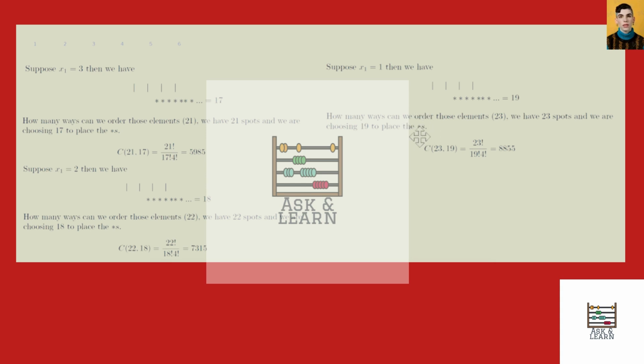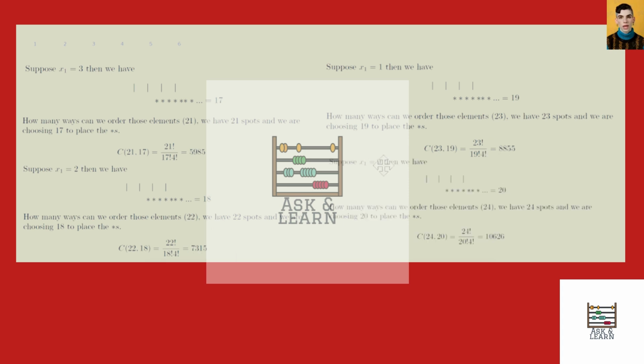If you have doubts about what is 23 spots, this is adding the lines to the stars and considering all the permutations of that. We went over that in the previous exercise that I solved. So if you have doubts with that, go to the previous exercise. So we have 23 places and we have to choose 19 to put the stars that give us that number.